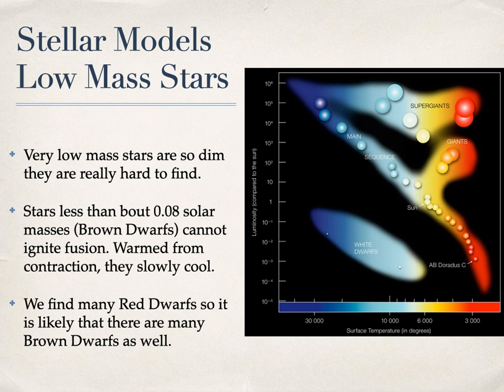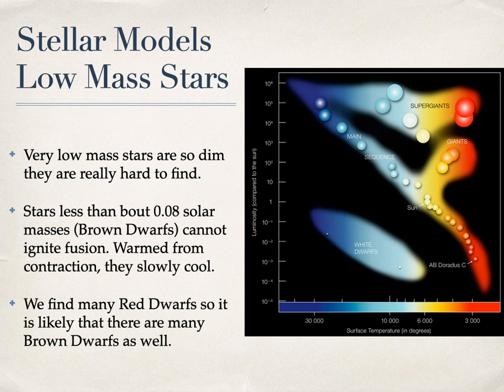Now, do brown dwarfs exist? We have actually found them now. It was quite the search for these things because they're very difficult to find. They don't emit really any light other than thermal light, so they're hard to see, but they have been found. So brown dwarfs do exist.